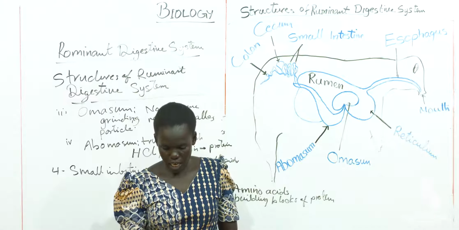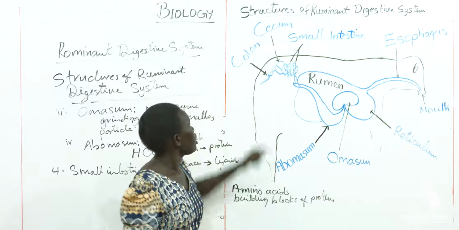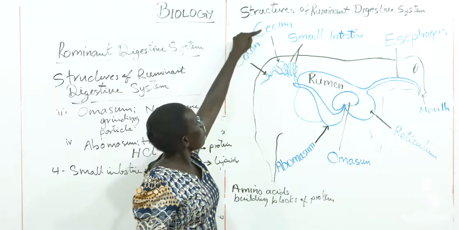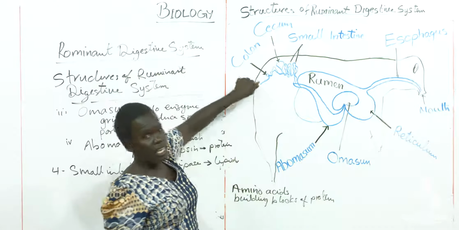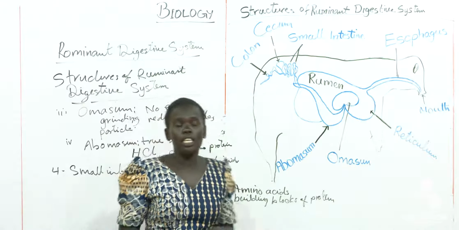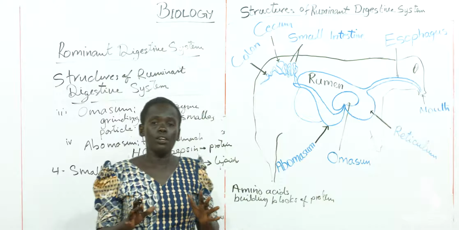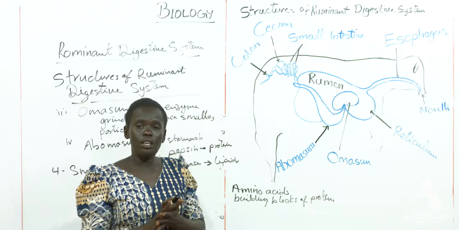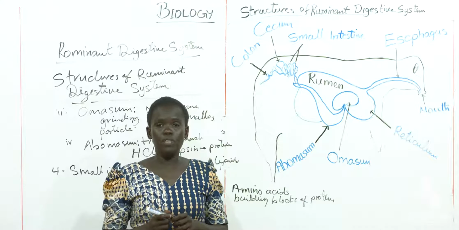The large intestine is normally divided into 3: cecum, colon, and rectum. The rectum is where the waste materials are stored until the time they come out in the form of feces.